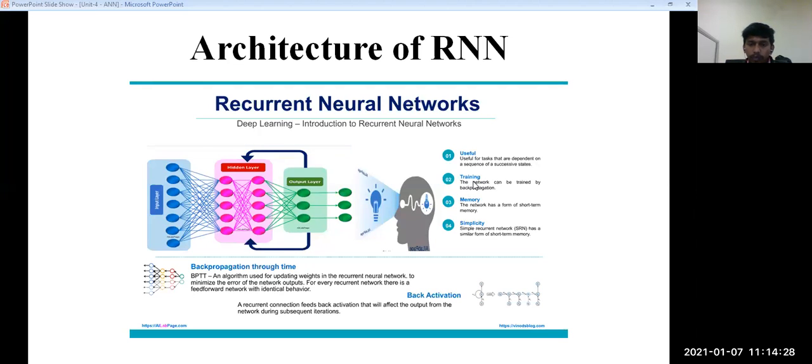Talking about training, the network can be trained by back propagation. As I said, back propagation is allowed here for your activation functions. There is an algorithm linked to recurrent neural networks, that is back propagation through time. It is an algorithm used for updating weights in the recurrent neural network to minimize the error of network outputs.